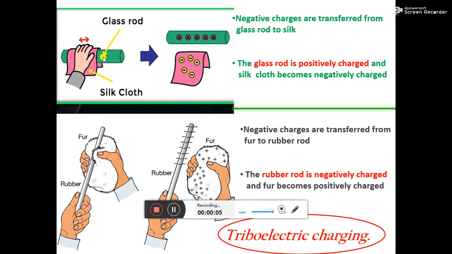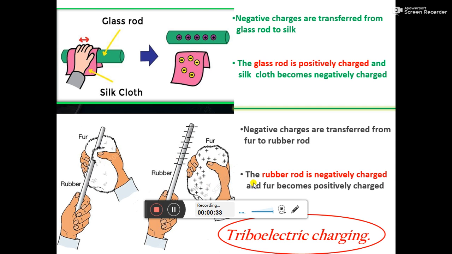When the glass rod is rubbed with silk cloth, negative charges are transferred from glass rod to silk cloth. As a result, the glass rod is positively charged and the silk cloth becomes negatively charged. Whereas, when the rubber rod is rubbed with fur, negative charges are transferred from fur to rubber rod.